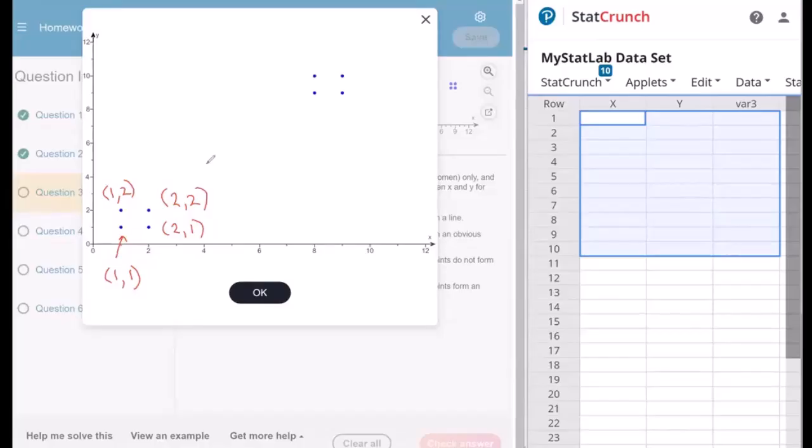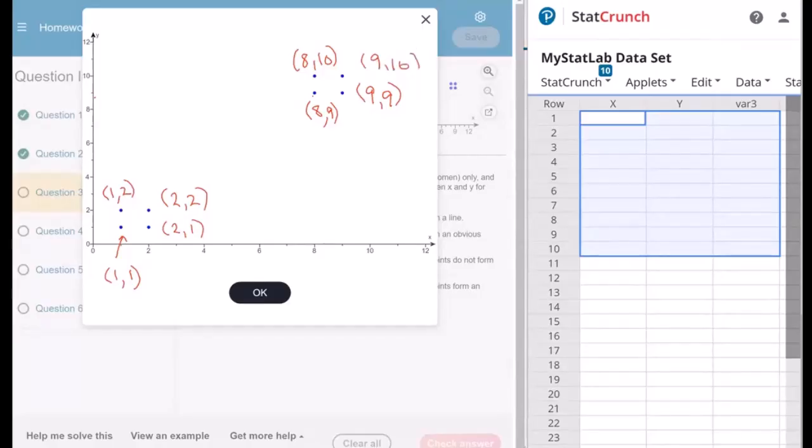While we're here, let's do the top ones as well. This looks like it's at X equals 8. That means this is at 8. And that point is going to be 9. And then this one will be 8, 10, 9, 9, and 9, 10.